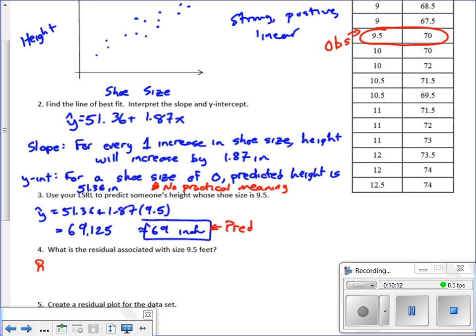Again, a residual equals observed minus predicted. The observed is 70. The predicted is 69. So the residual is 1.